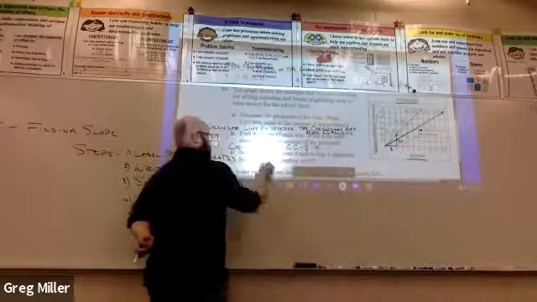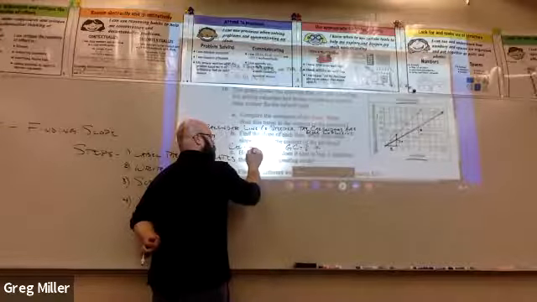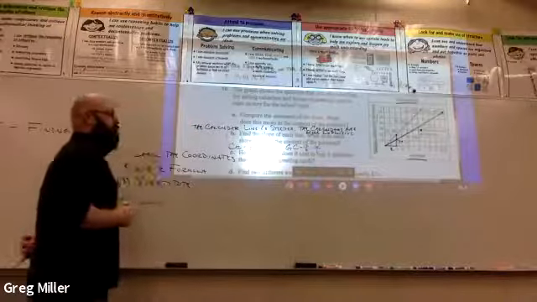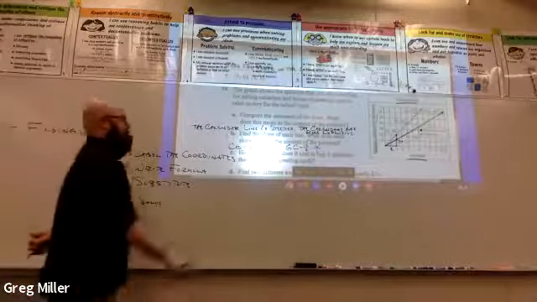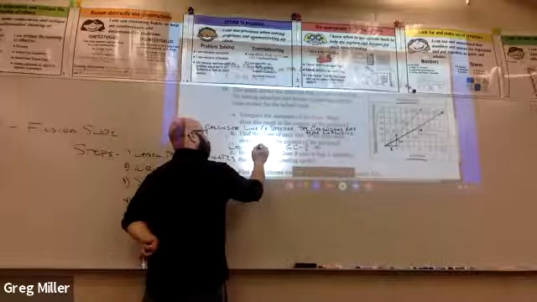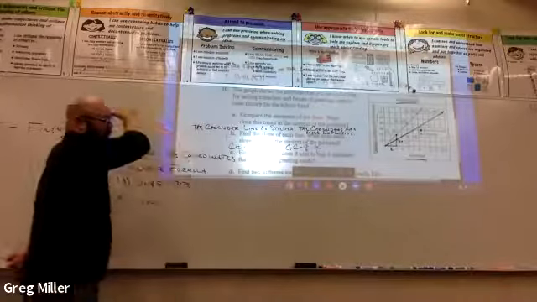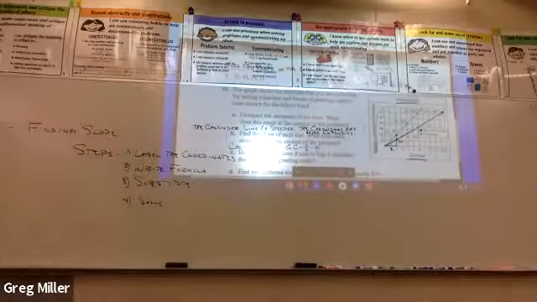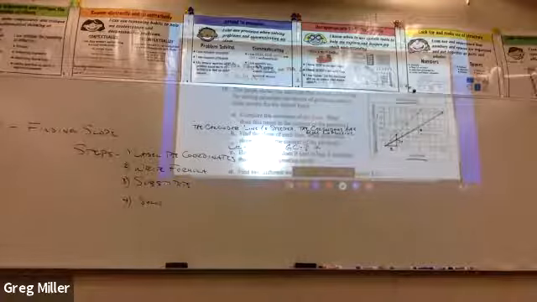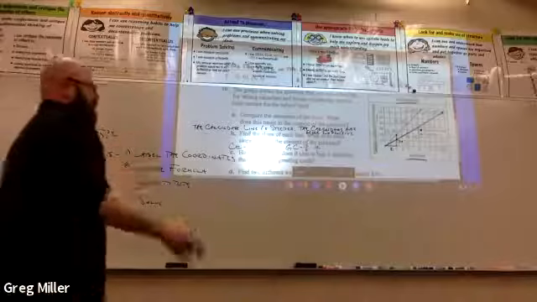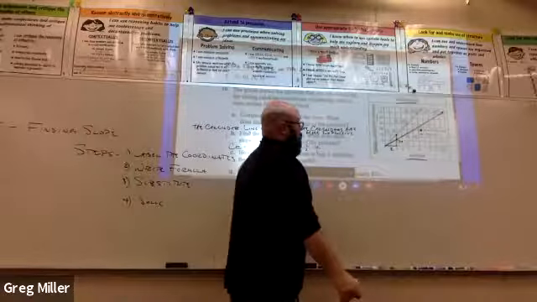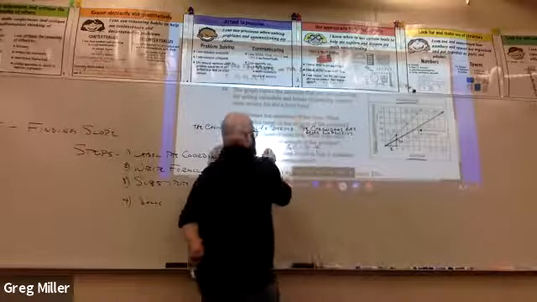So my calendar has a slope of 20 over 2, which simplifies to what? 10 over 1. Okay? Pure math there. Now, the second part of the question says, what does this mean in relationship to the problem? Well, 10 over 1 means what?